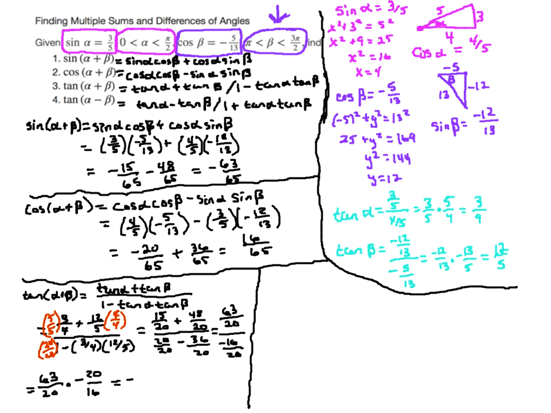My 20s divide out, and I end up with negative 63/16 there. And that does not reduce. The factors of 63 are 3, 7, 9, and there's some higher up, but we don't need to go higher than 16. And 16 is even, so it's 2, 4, 8, 16. So that's as far as you can go with that.